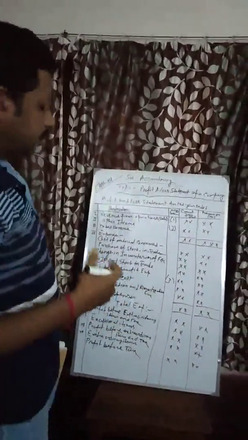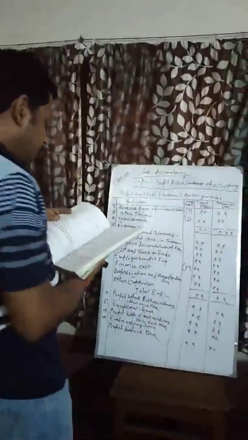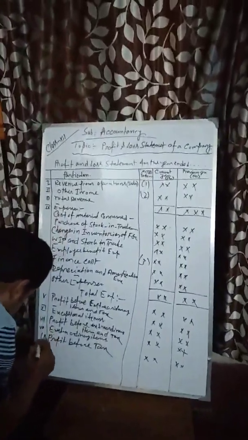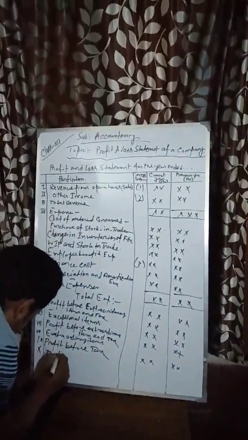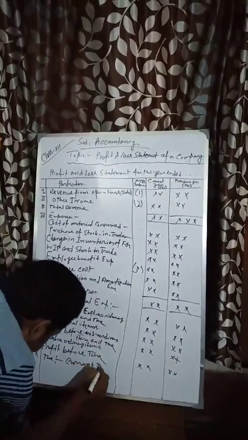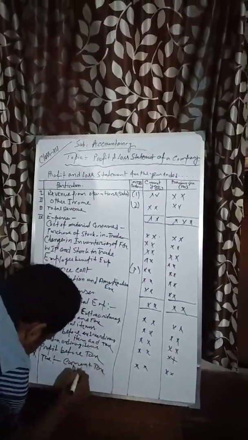After deducting or adding back some of the expense or gain which are exceptional or extraordinary, now we have to deduct tax. So number 10 is tax. Tax can be, as I have said, a current tax, and that can be deferred tax also.